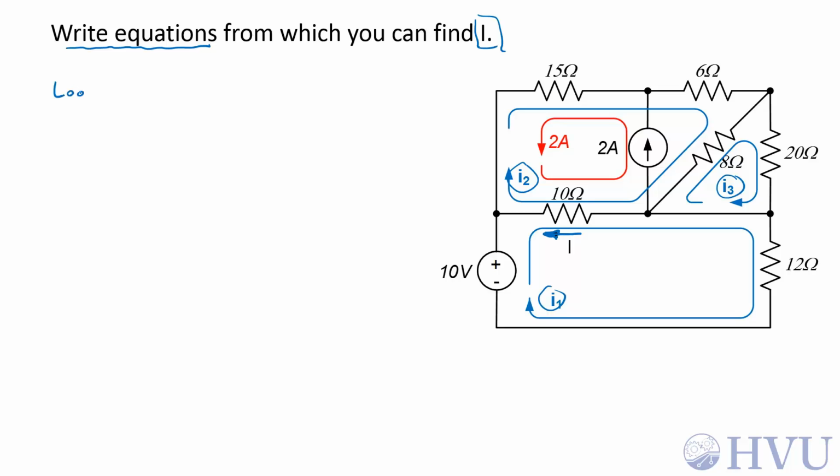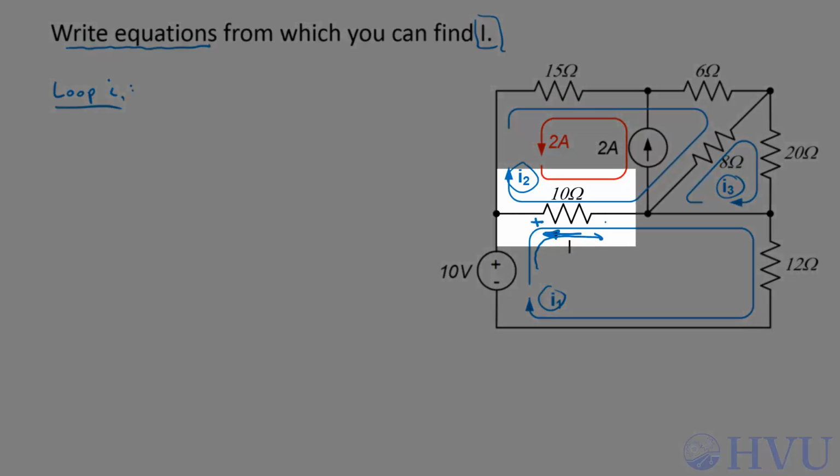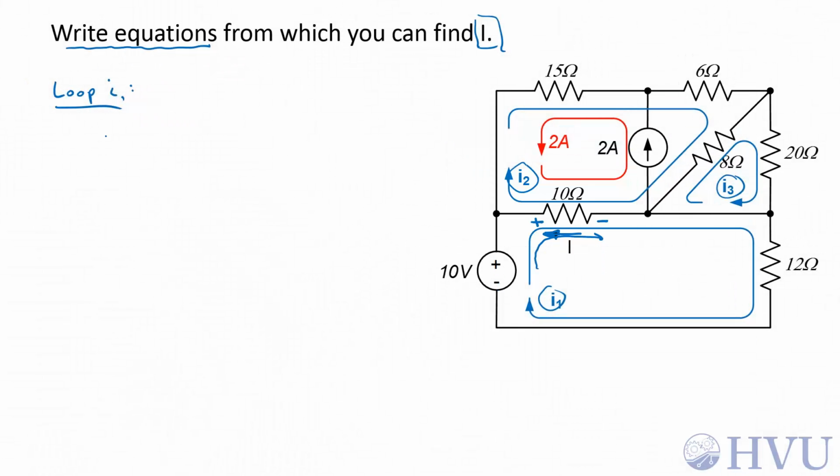Let's loop around I1 first. Now when I'm following I1, I'm going to set my sign convention such that I1 enters positive voltage terminals. So going through the source, I see a negative term first on the 10 volt source, so that's a negative 10 volts.